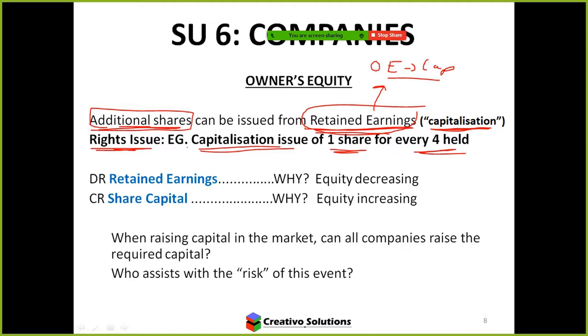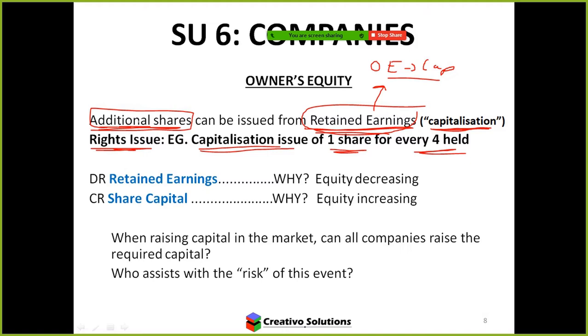In other words, if you're an existing shareholder, you are going to get more shares in a particular company, because they have chosen. It's a business decision. Shareholders need to vote, and directors obviously have to carry out those wishes, those duties of the company.